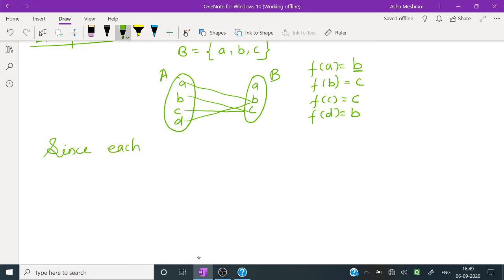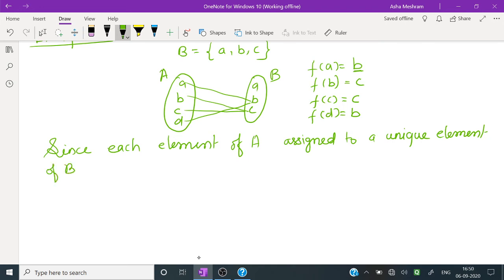Since each element of A is assigned to a unique element of B, hence it is a function.